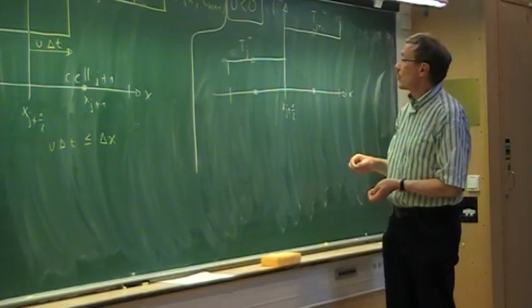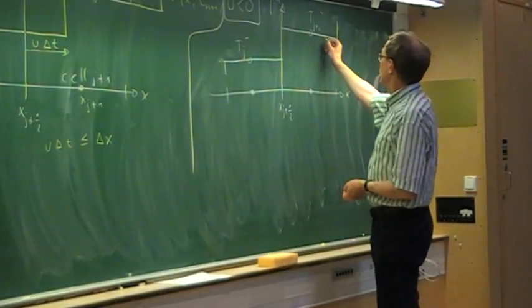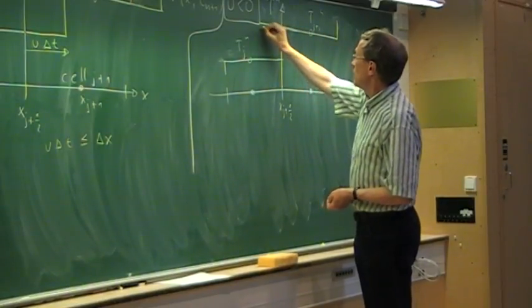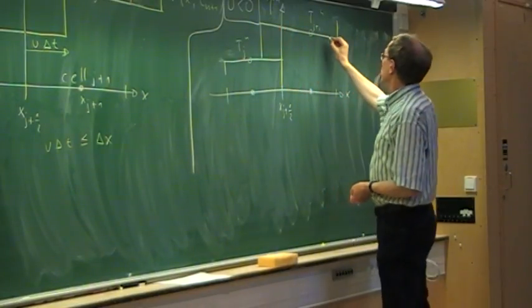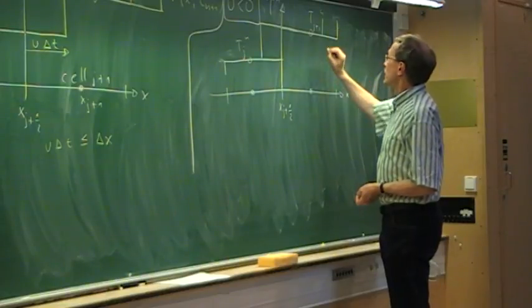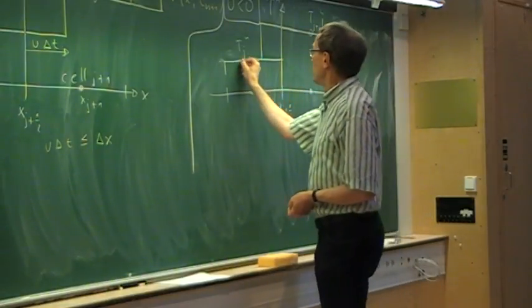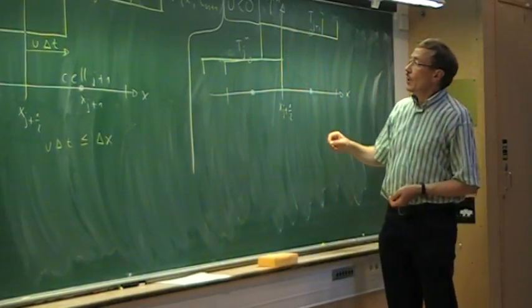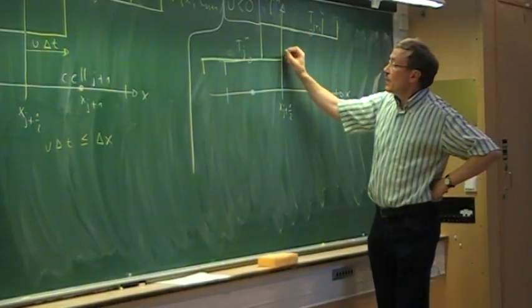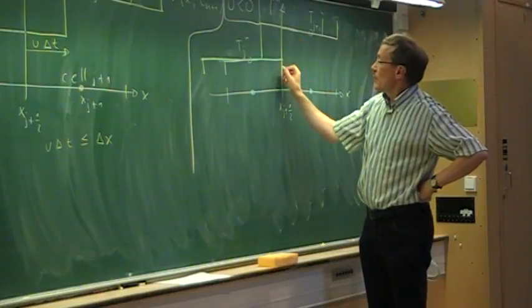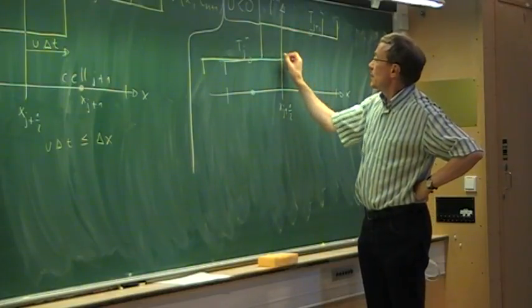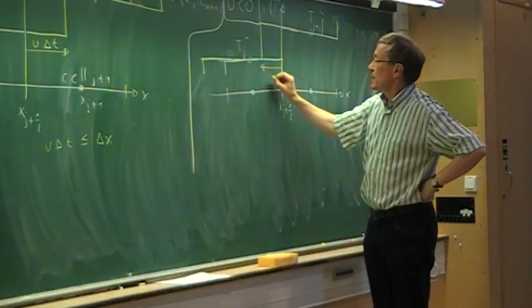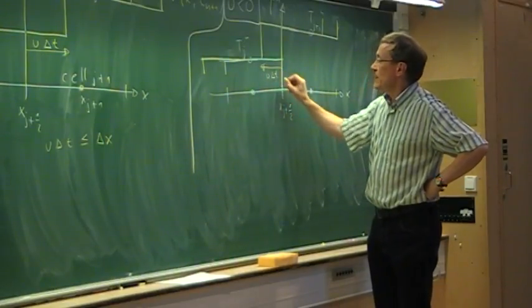And then, after a while, this will have moved in. Let's see, we'll have something like that. That will move in, something like that. And then, again, this distance that has traveled, this distance here, is again u delta t.